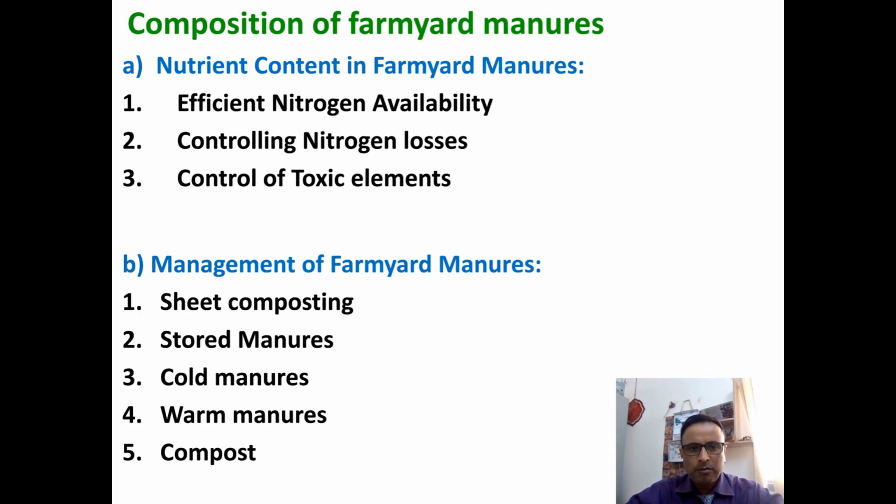Now, when we talk about the composition of manure, we should also talk about efficient nitrogen availability from the manure, controlling nitrogen loss, which, as I told you, happens by volatilization and leaching, and control of toxic elements, which is very important.